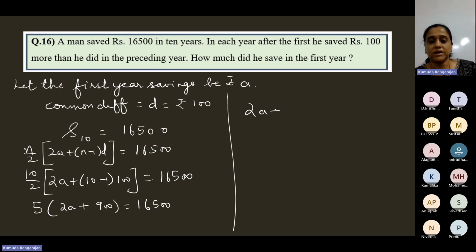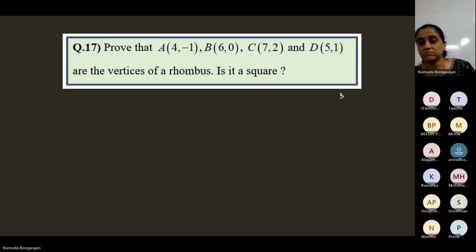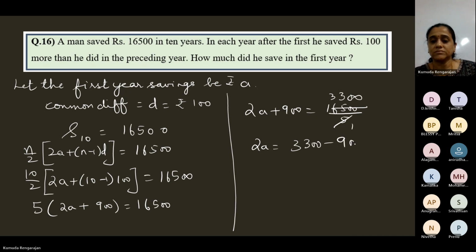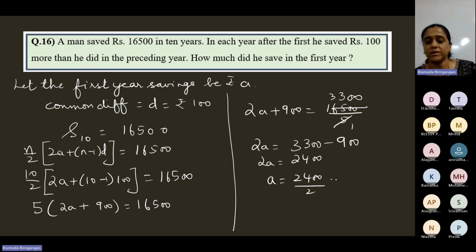Then 2a plus 900 is equal to 16,500 by 5. 5 3s are 15, 0 0. So 2a is equal to 2400. A is equal to 2400 divided by 2, which is 1,200. Therefore, first year savings is 1,200.